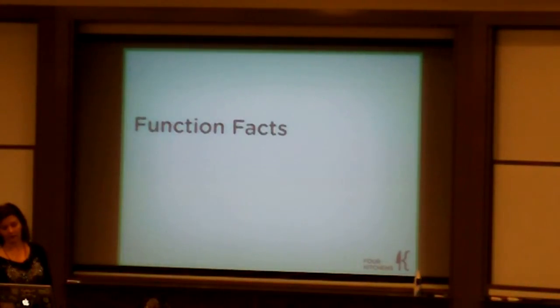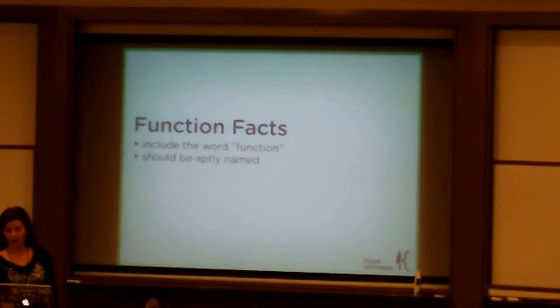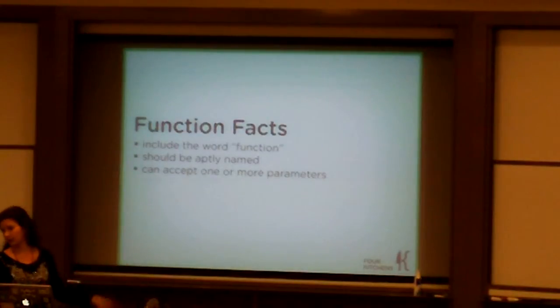Include the word function, and aptly name your functions just like your variables, name it what it does. It can accept, in our case we passed it one parameter, but you can give it a bunch of them separated by a comma. We could have passed it the number of fingers, the age, the gender, anything about the potential victim of the killing that we wanted to.